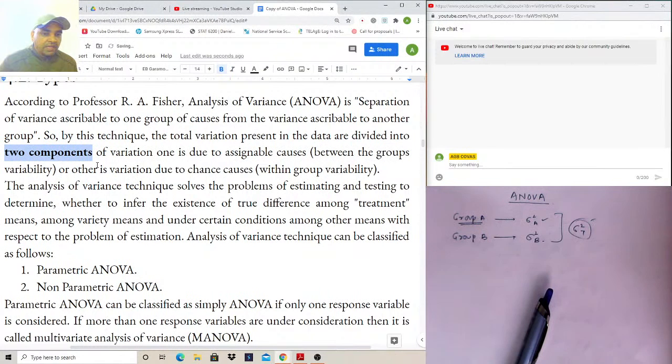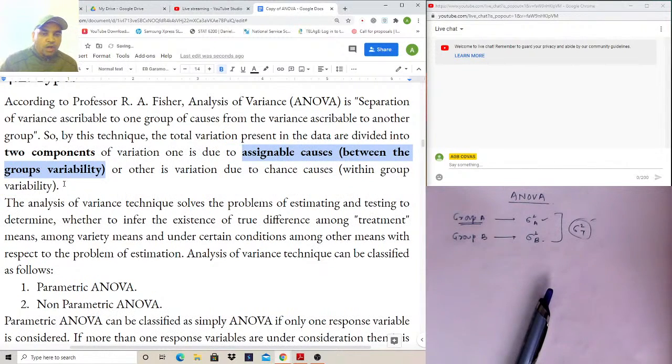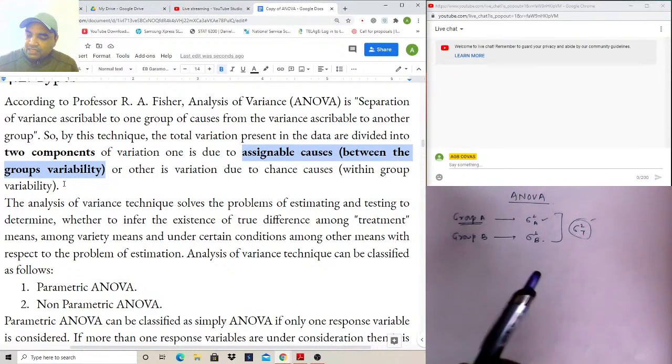We are going to find out the variation present in the data in two components. One will be due to assignable causes, and that is called between group variability. That is how much one group varies from another group. The other variation will be within the same group.